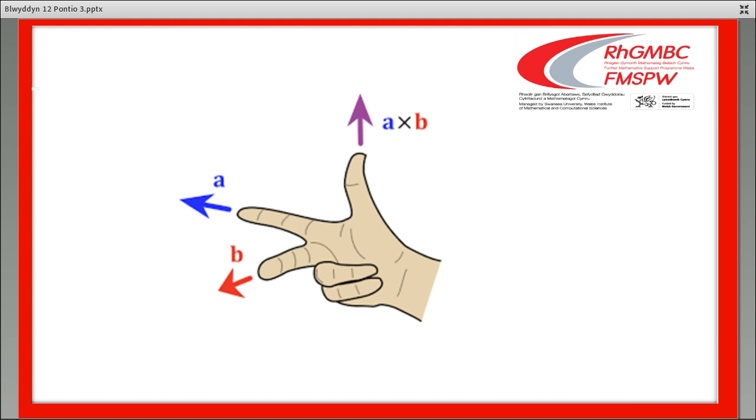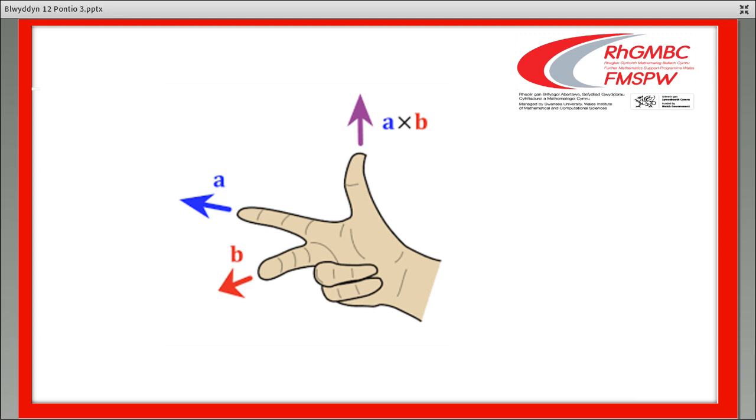So I cross J gives the K, and it's worth, if you like, getting a cardboard box and putting your hand on the corners and labelling them I, J and K and seeing what happens. And then see, well, instead of doing I cross K, what if I do J cross I? Try it on a cardboard box. It will make a lot of sense when you've got your hand in the corner and you're moving it around.